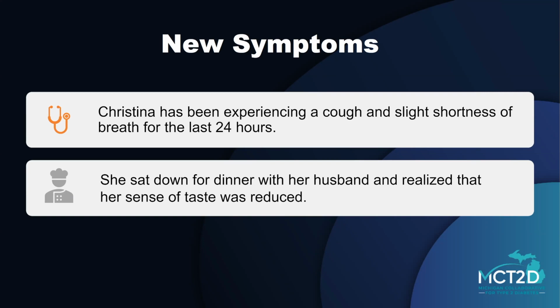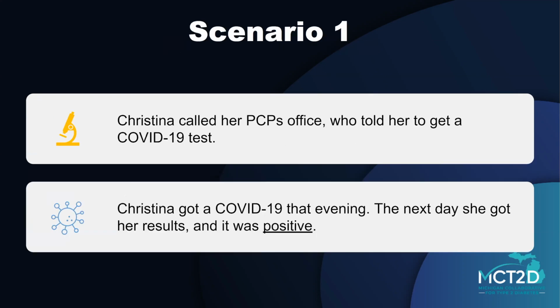Eventually, she has some symptoms, a cough and some shortness of breath for about 24 hours. She sits down for dinner with her husband and realizes that her sense of taste is gone. Now she's getting worried. She calls her PCP's office. PCP instructs her to get a COVID-19 test, and that test turns out to be positive.